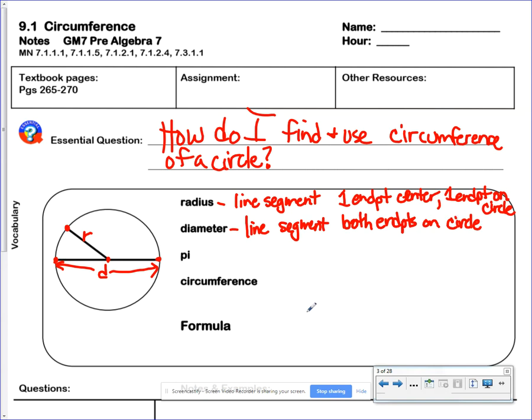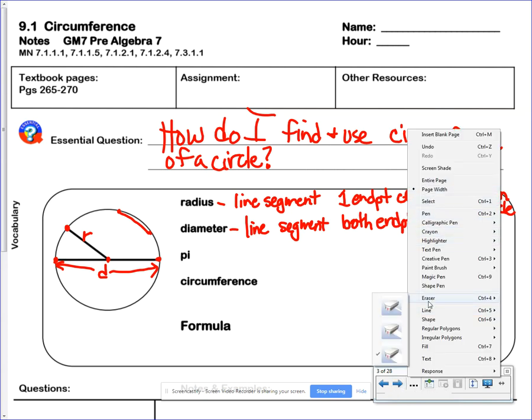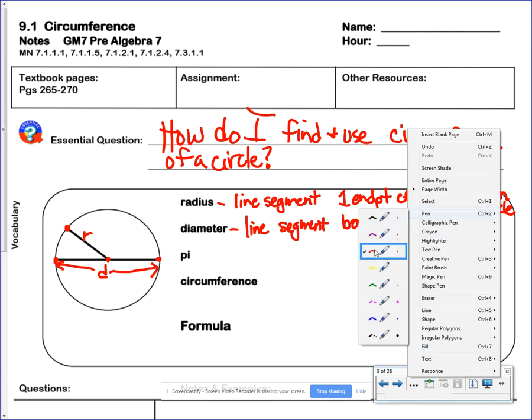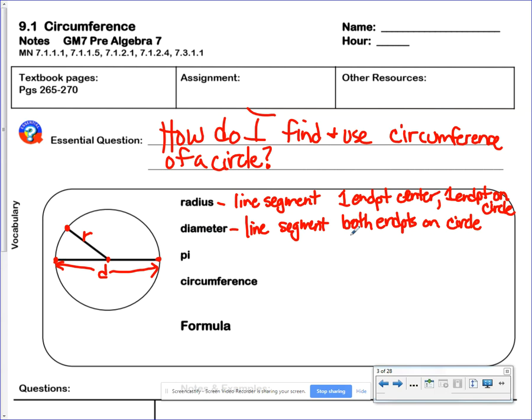Now, I've got to be a little careful here, because if I just say it's a line segment and both of the endpoints are on the circle, I could try and draw something like this and say, okay, that's a diameter. And you'd have to say, no, that one doesn't qualify. I need to be a little more specific. I've got to add one more detail about a diameter.